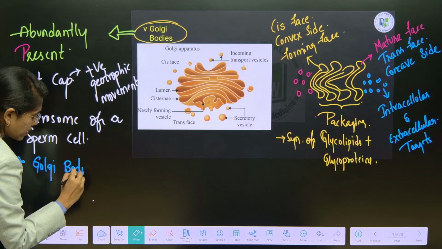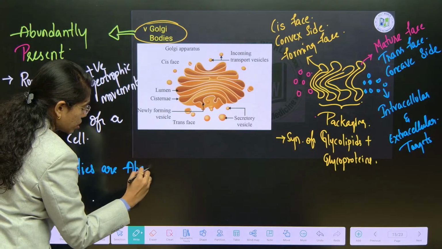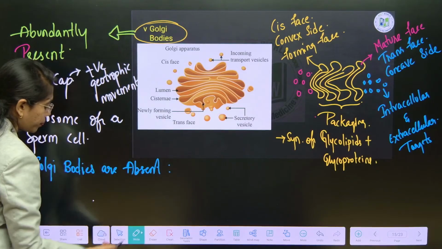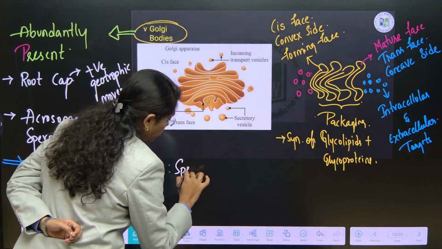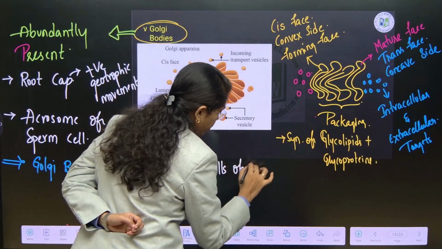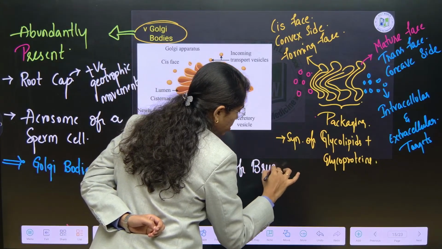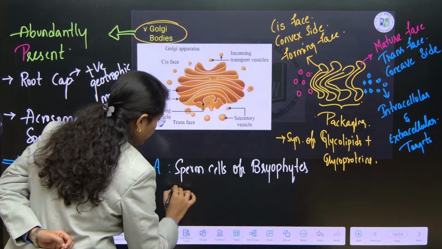Now we will see in which type of cells it is absent. Golgi bodies are absent in, if you see, first, sperm cells of bryophytes and pteridophytes.